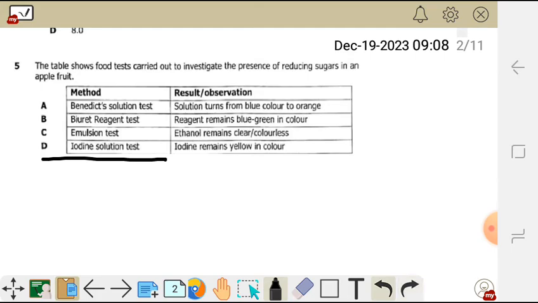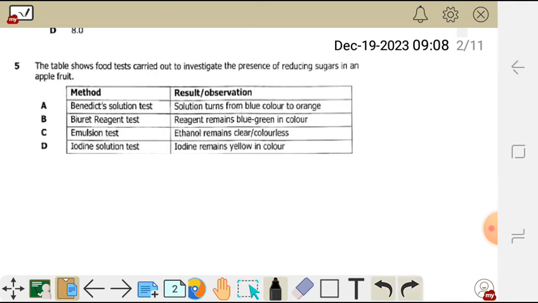D, iodine solution test, and the iodine remains yellow in color. So the test here which shows the presence of reducing sugar is the Benedict solution test, where the solution turns orange or brick red. So this is the correct answer.